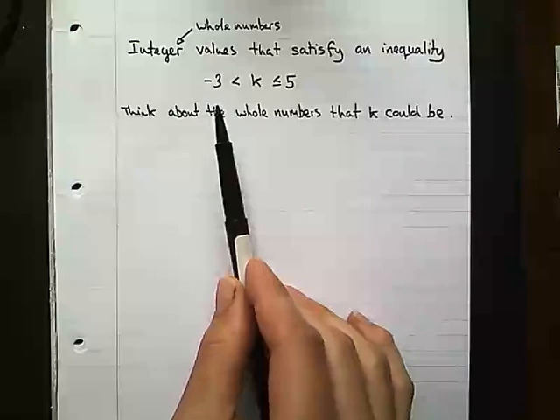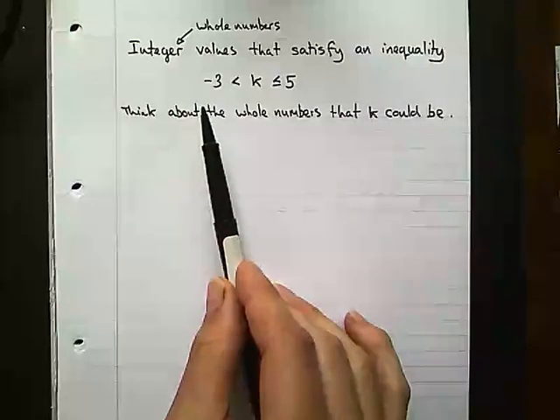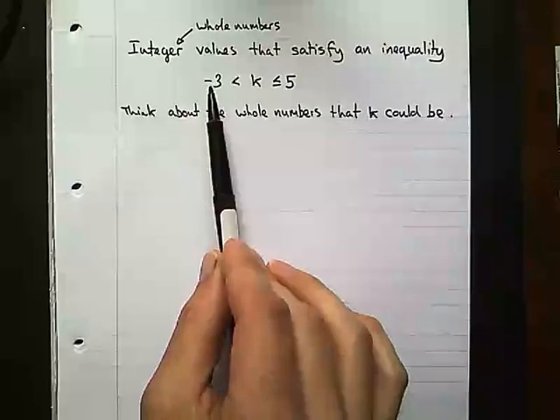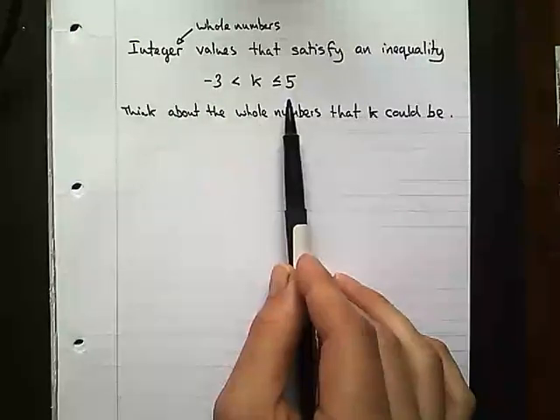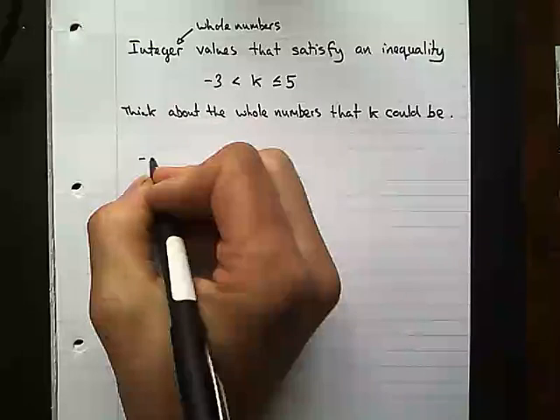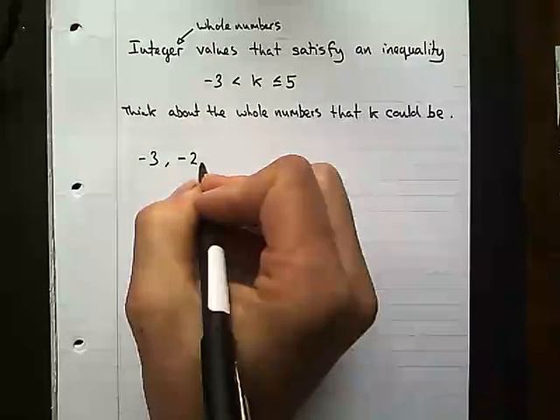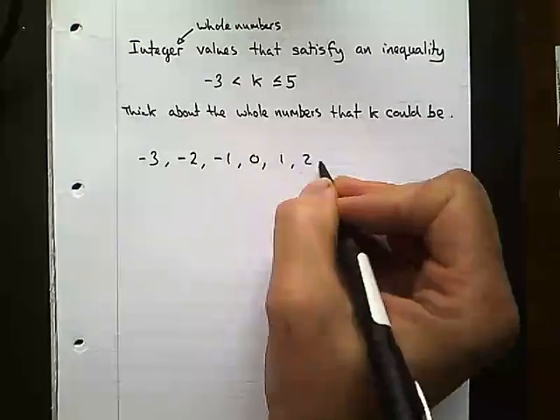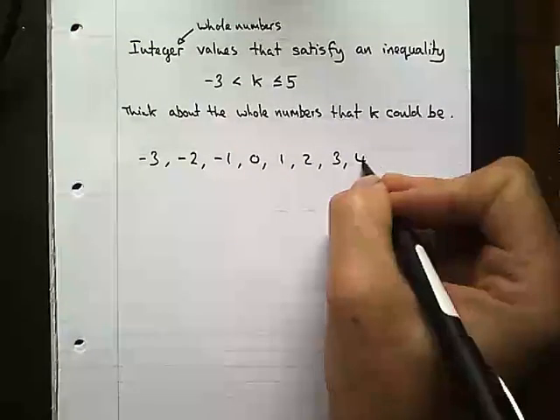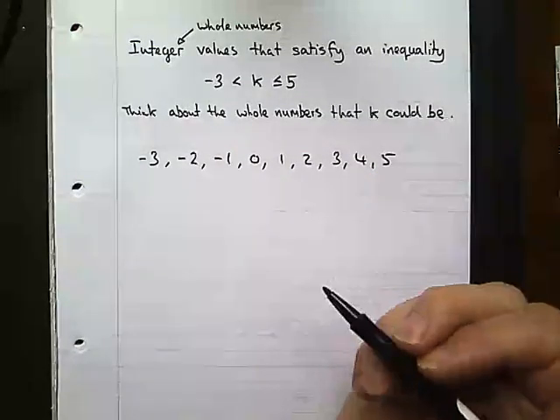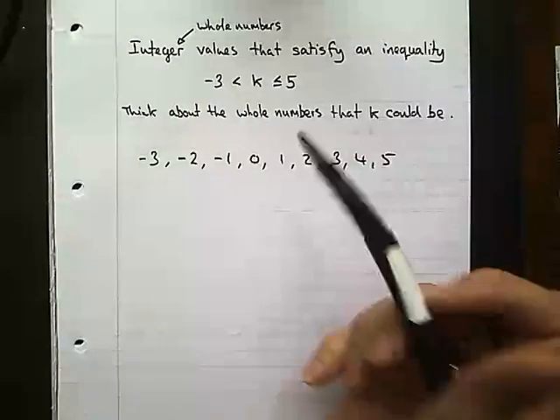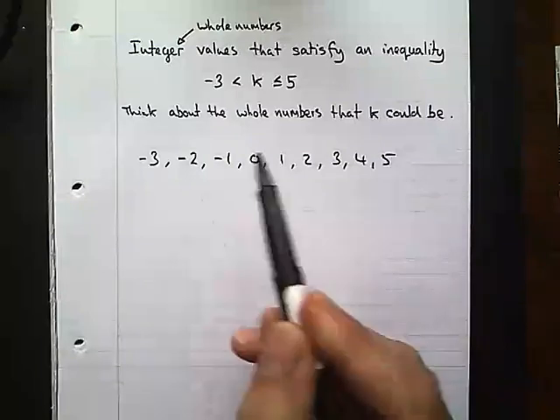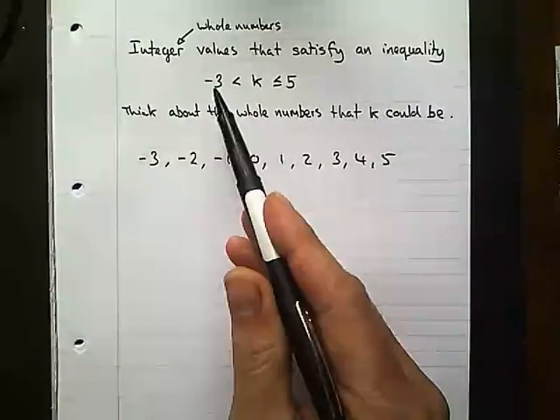The first thing you want to do, there's a nice trick here, is list all the numbers, including the -3, all the way up to 5. So they're all the numbers in between -3 and 5. Then all we need to consider are the two endpoints, the 5 and the -3.